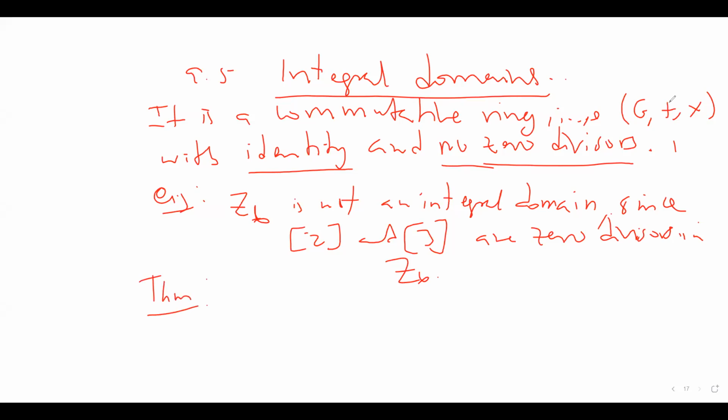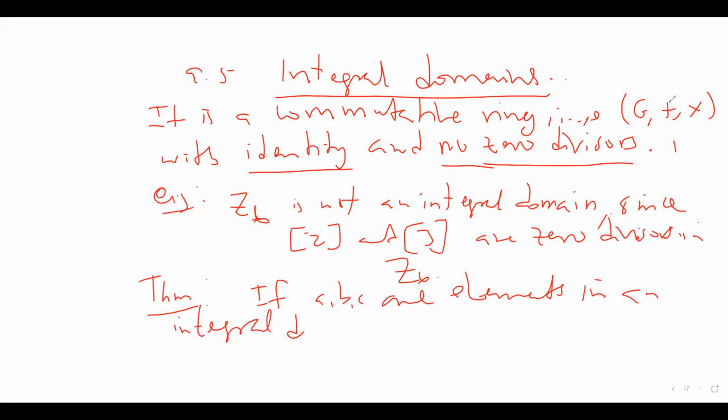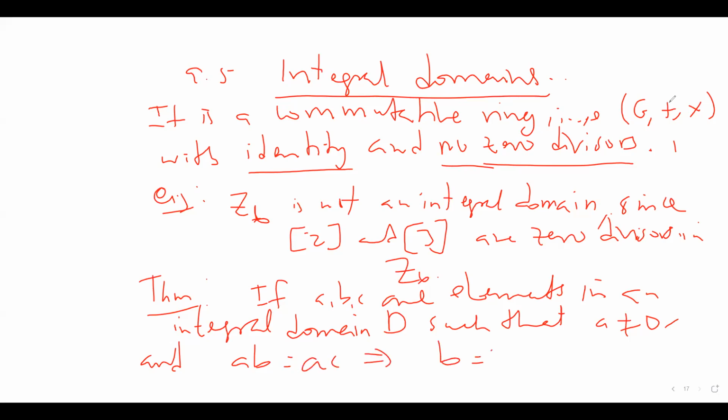And we generalize into a theorem. If a, b, c are elements in an integral domain D, such that a is not 0 and ab is equal to ac, implies b is equal to c.